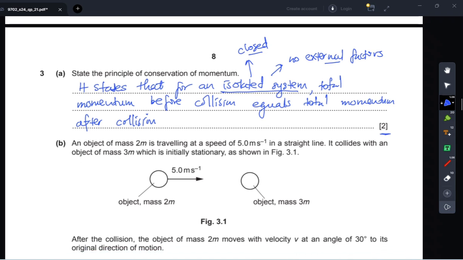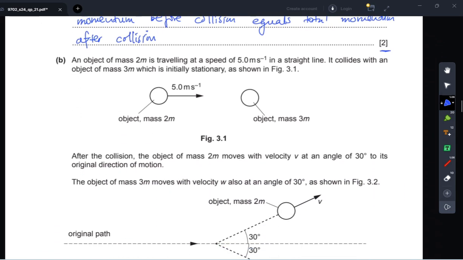Now let's move on to part B. An object of mass 2m is traveling at a speed of 5 meters per second. I'm sure you can see that from the diagram. In a straight line, it collides with an object of mass 3m, which is initially stationary.